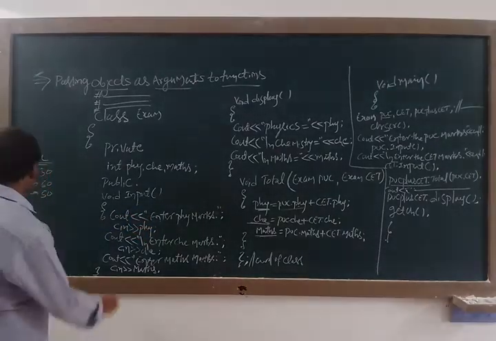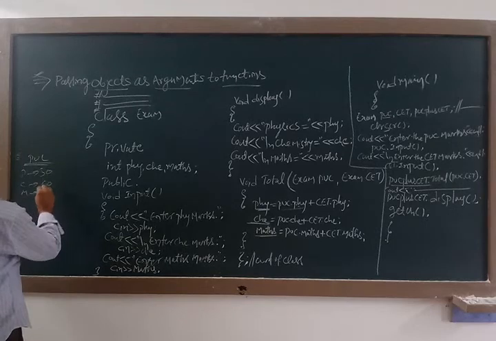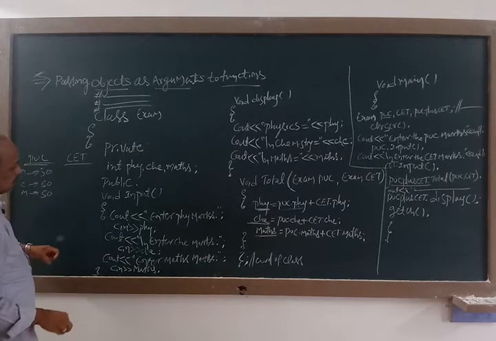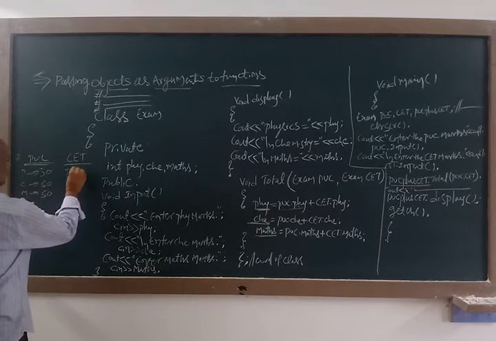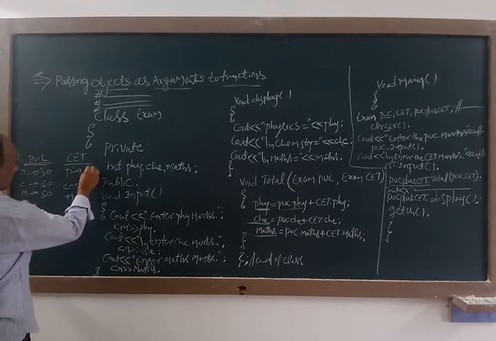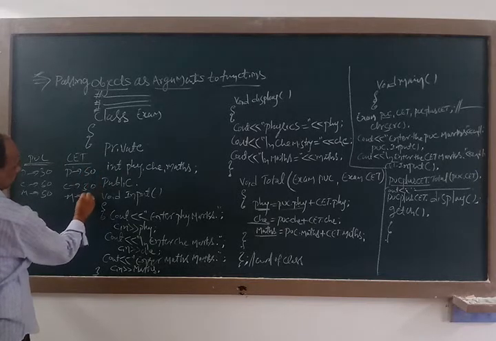CET marks are going to be read. That is PUC 50 50 50 ಆಯ್ತಾ. CET marks ಯಾವ ಥರ ರೀಡ್ ಆಗುತ್ತೆ? CET ಎಂಟರ್ ದಿ CET marks ಅಂದಾಗ ಇಲ್ಲಿ ಕೂಡ ಫಿಸಿಕ್ಸ್, ಕೆಮಿಸ್ಟ್ರಿ, ಮ್ಯಾಥ್ಸ್. ಸೊ ಫಾರ್ ಎಕ್ಸಾಂಪಲ್ ಇಲ್ಲೂ ಸಹ 50 50 ಅಂತ ತಗೊಳ್ಳಿ.